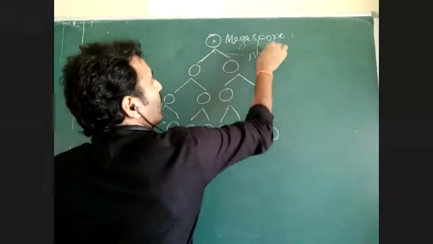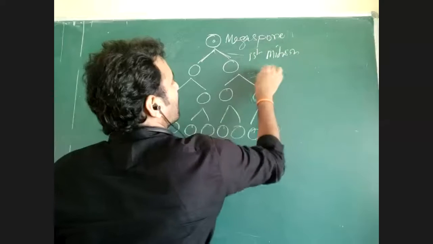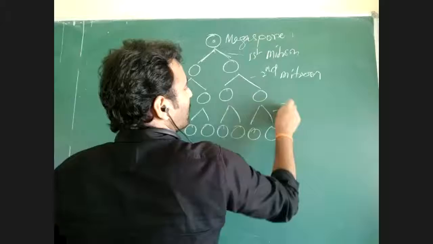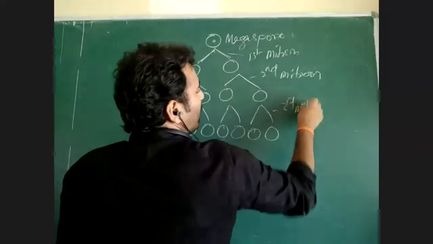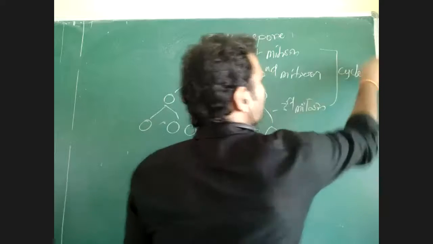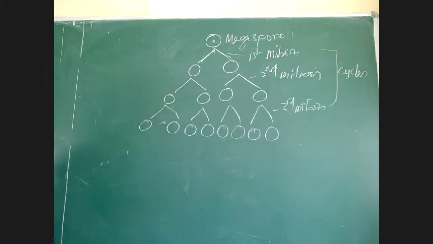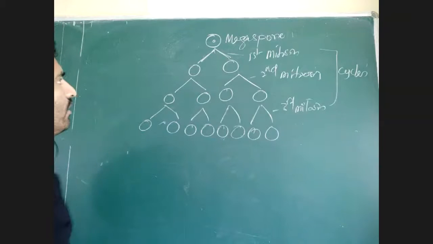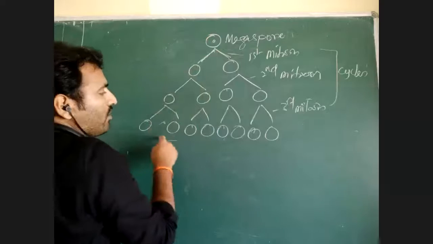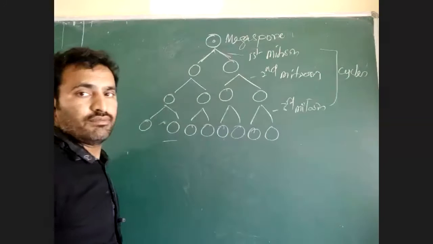This is the first mitosis, this is the second mitotic cycle, and this is the third. These are mitotic cycles or mitotic generations, not mitotic divisions. So there is formation of the 8 nucleate condition.